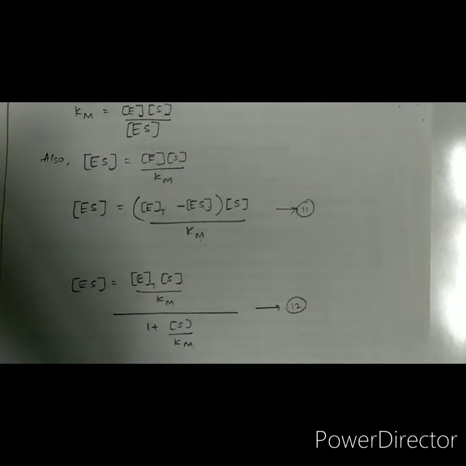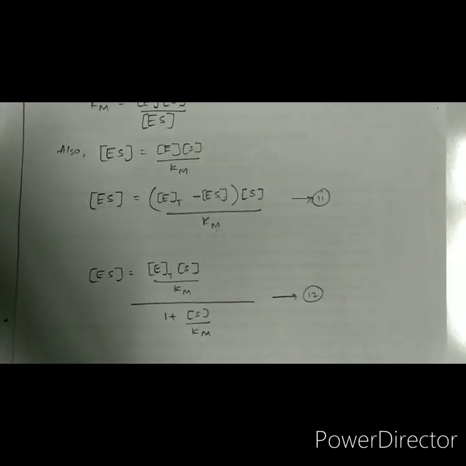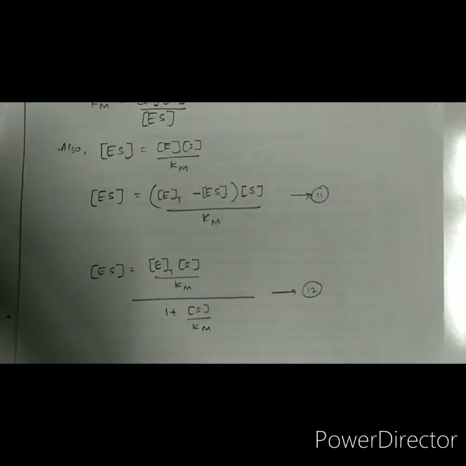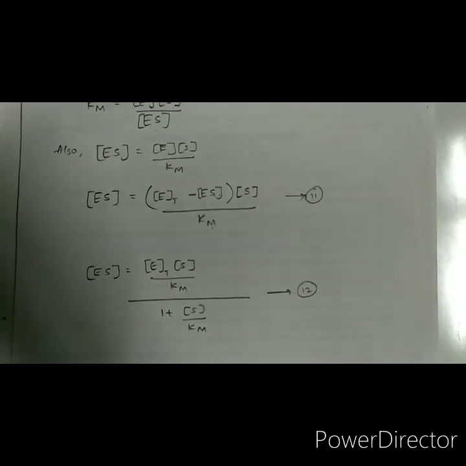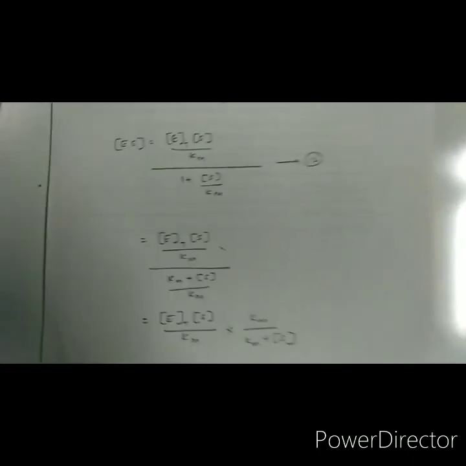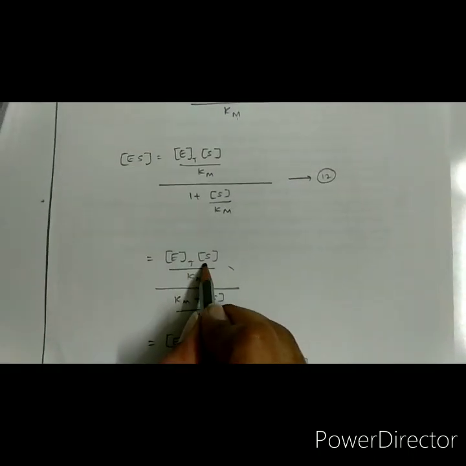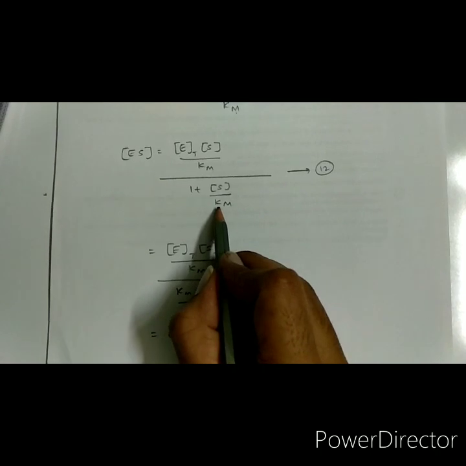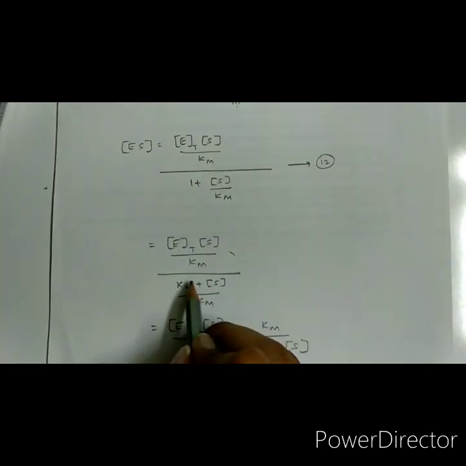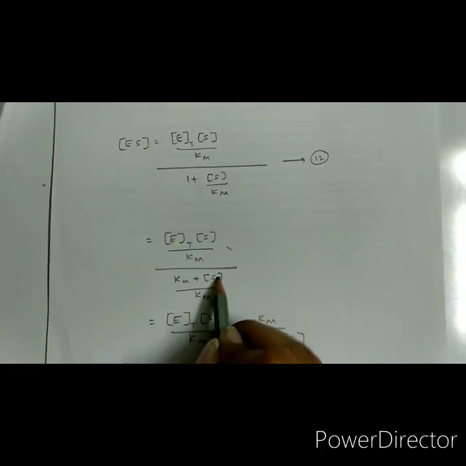After solving equation 11, we will get equation 12, that is Es is equal to Et into S divided by Km, whole divided by 1 plus S by Km. So again we have to solve this 12th equation. You can see here Et into S by Km. Now we have to multiply Km into 1, so we get Km plus S divided by Km.